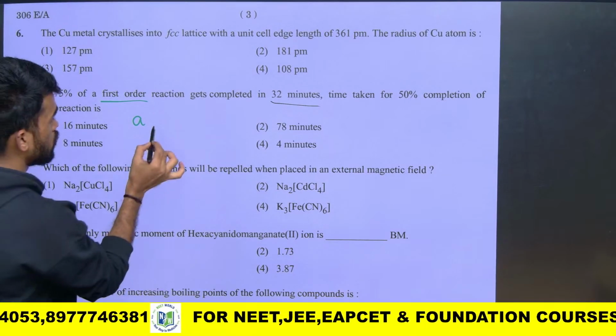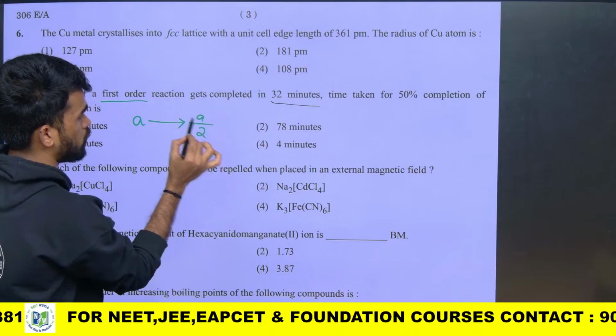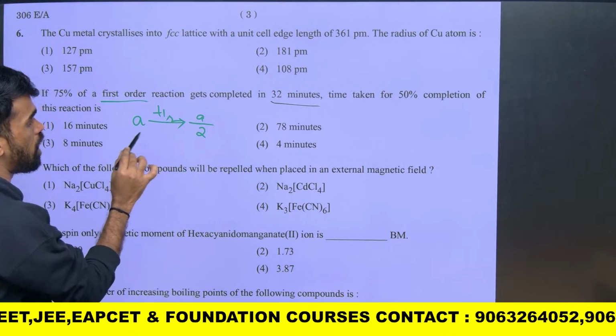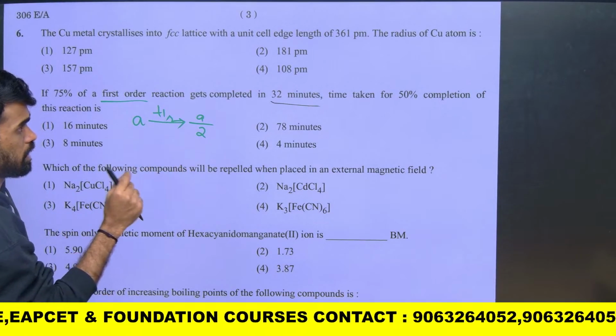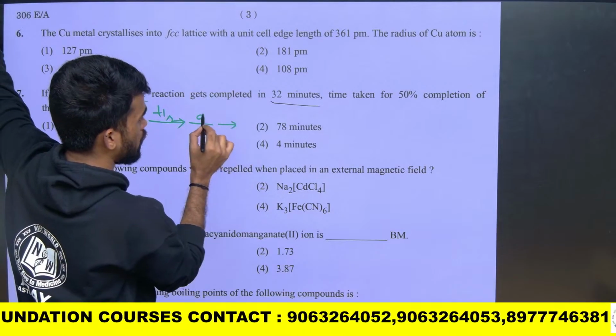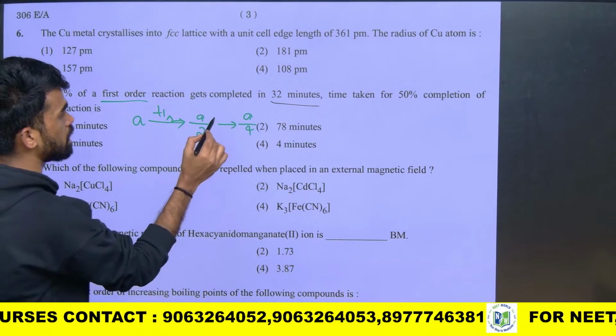If 50% is completed, the concentration becomes A by 2. This is the T half, the time required to complete half of the reaction. Now one more T half means it will become A by 2 by 2, that is A by 4. This is the second T half.